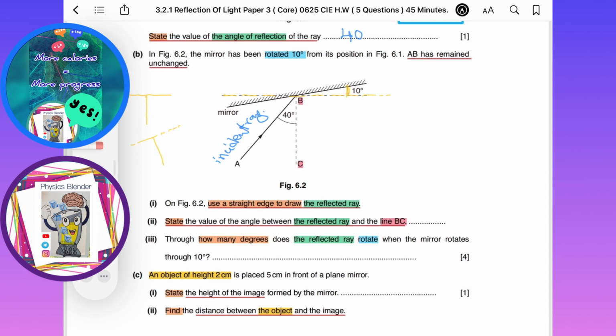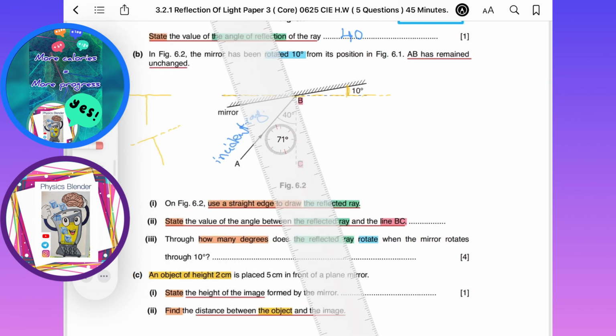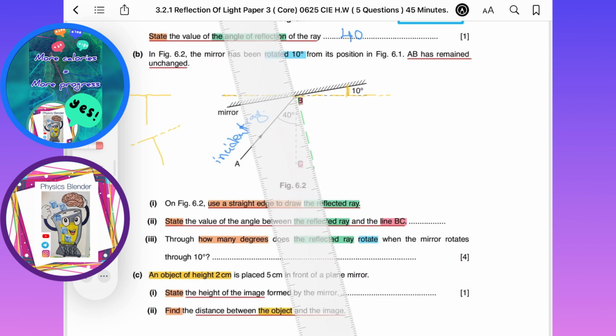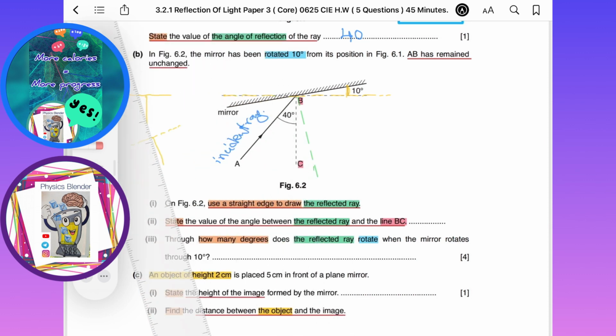Okay guys, so if you draw here the new normal line, it will be perpendicular to the mirror in its new position after rotation. So this will be the normal. So you can guess that this angle is also 10.